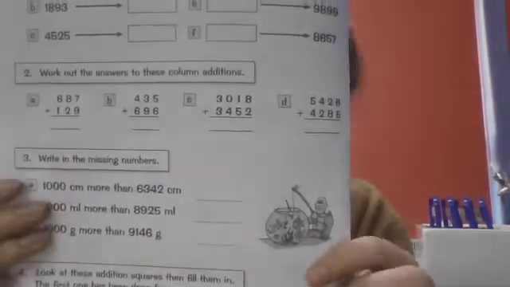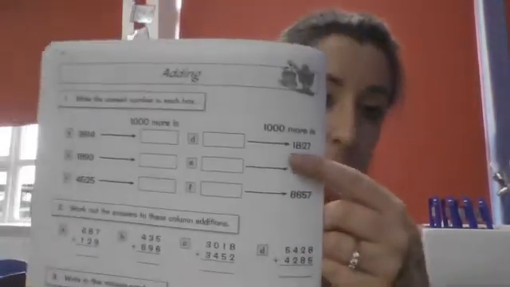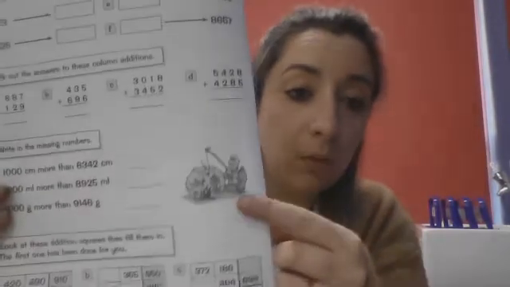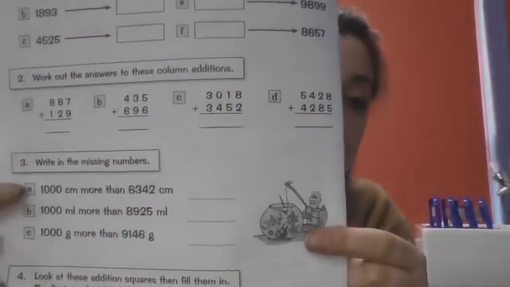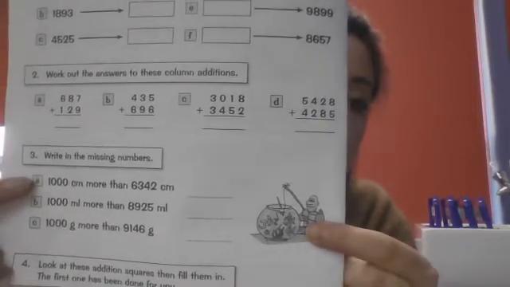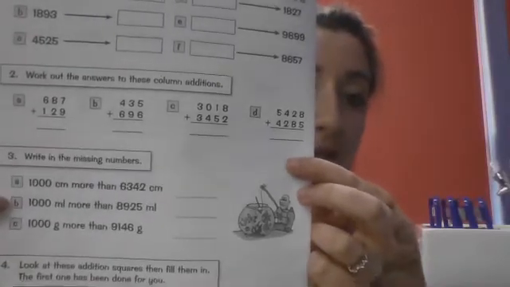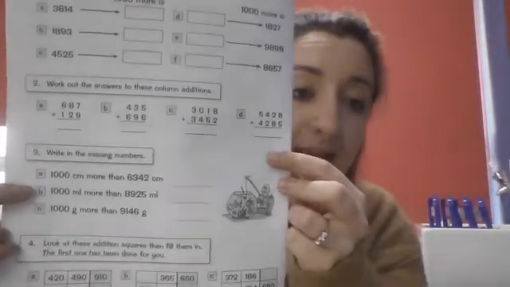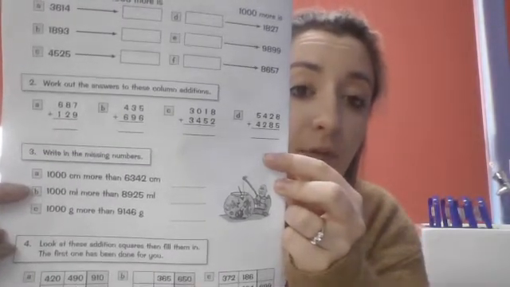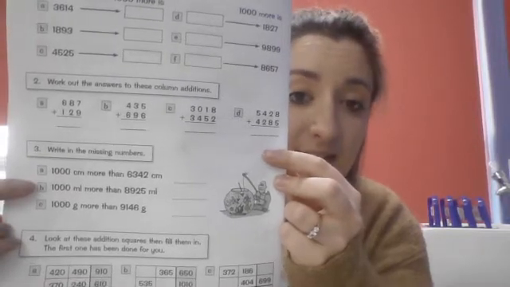Now here you need to write in the answer to the sum. So we're adding again. And just like before, we were doing 1000 more. We are now doing the same here, but we are using different units of measurement. You can see for A, we've got cm, which is centimetres. For B, we've got ml. ml stands for millilitres, and millilitres are what we measure for the capacity of a liquid in a container.